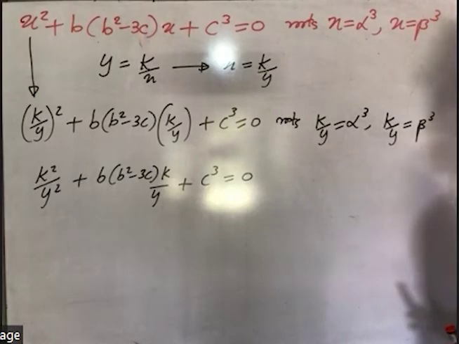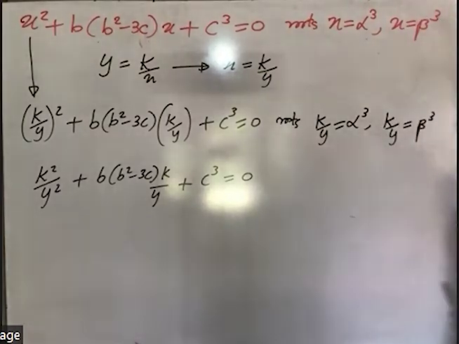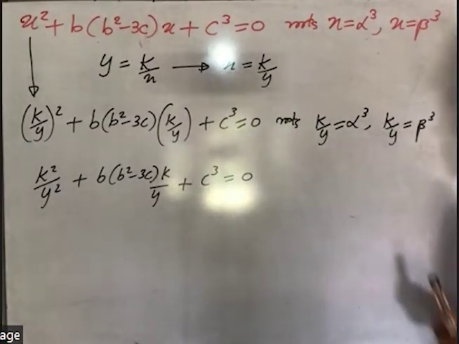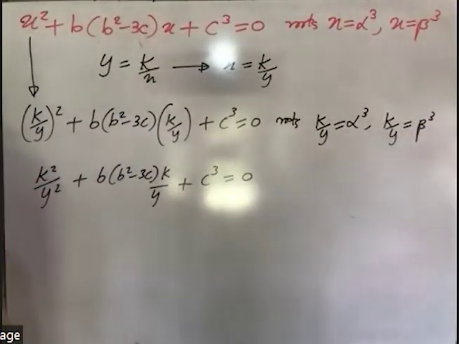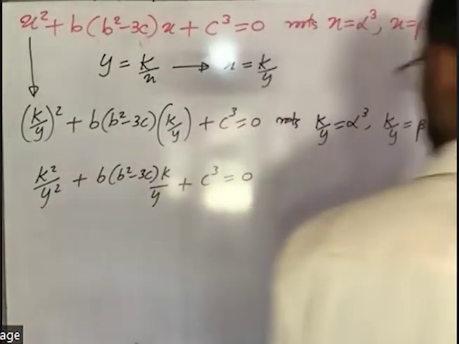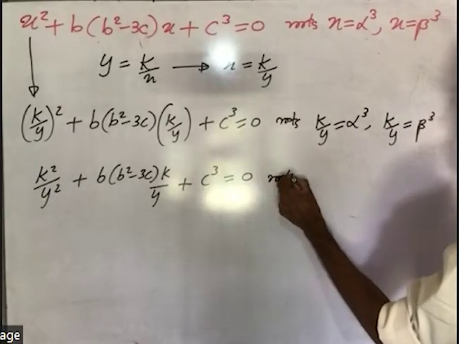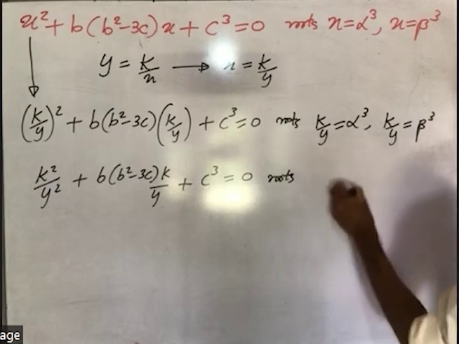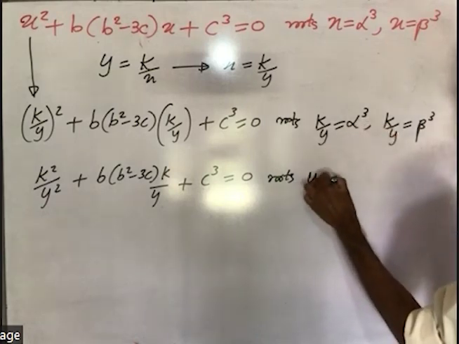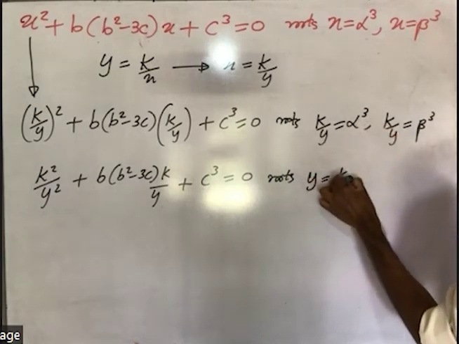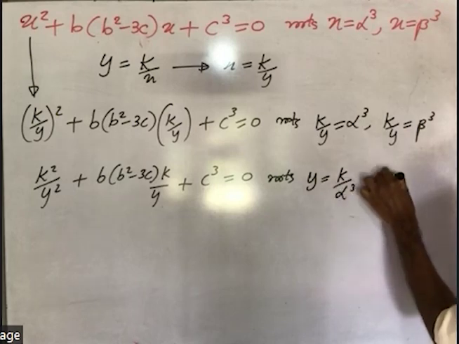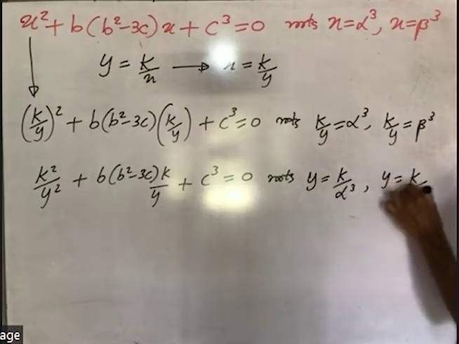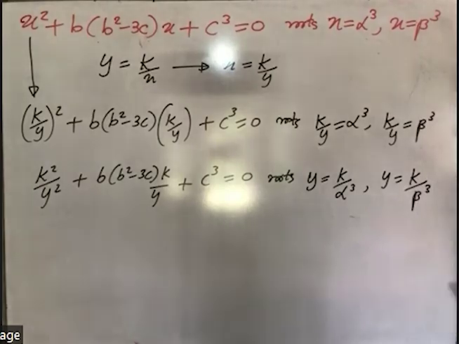So the roots will be, taking the reciprocal and cross multiplying, y equal to k over alpha to the power 3, comma y equal to k over beta to the power 3.